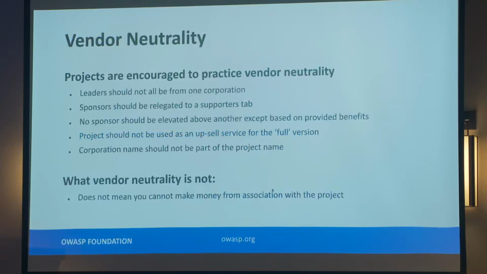All right. Speaking of vendor neutrality, all projects are encouraged to practice vendor neutrality. The big question is, what does that mean? So the first step, leaders should not all be from one corporation. We certainly have projects that is true about, but it's better that if you have, say, 3 people in your corporation who want to work on the project, great, go find a 4th who's not from your corporation.